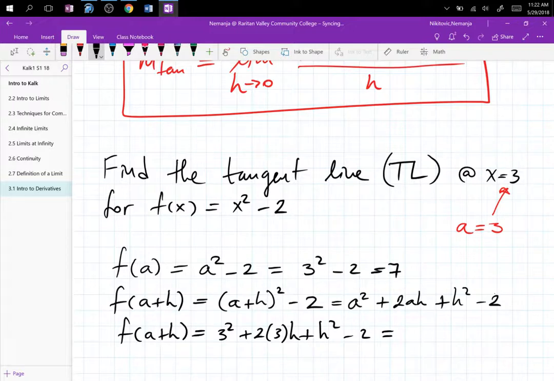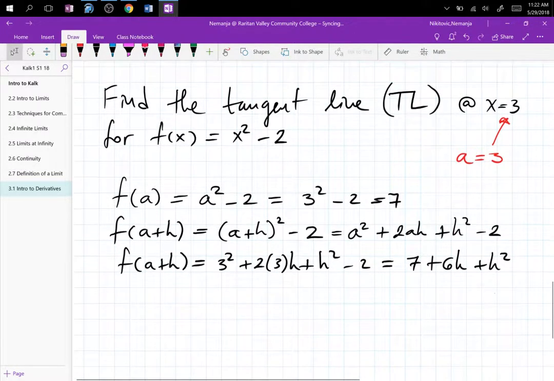That's 9 minus 2, which is 7, plus 6h plus h squared. So a is 3 in this example.